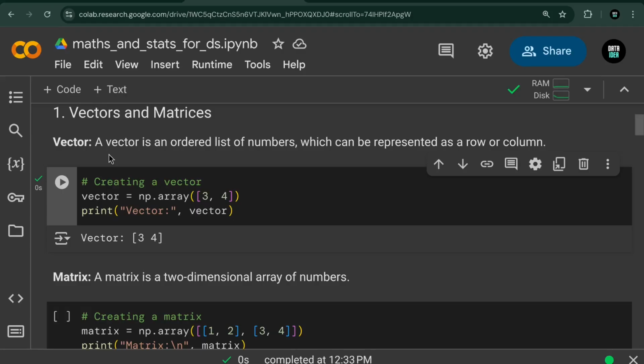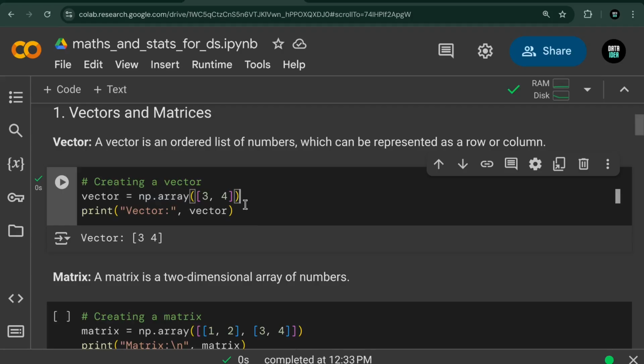So if we have edges we want to manage, or measurements of an object, like lengths, we can use vectors to store that data. Here I have an example where I'm creating a vector using NumPy.